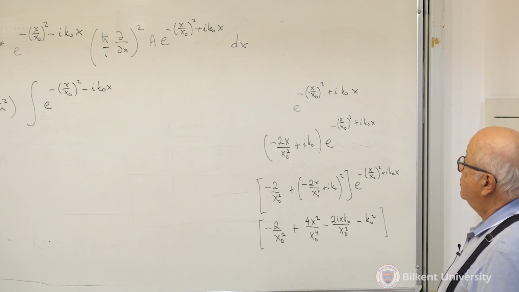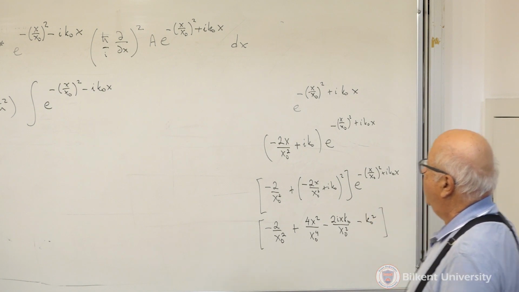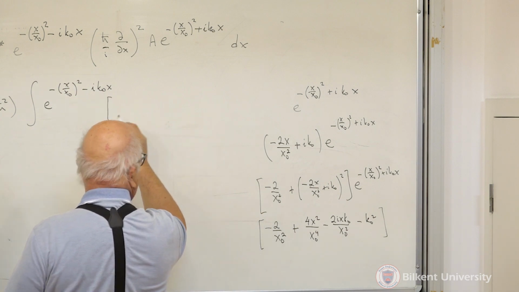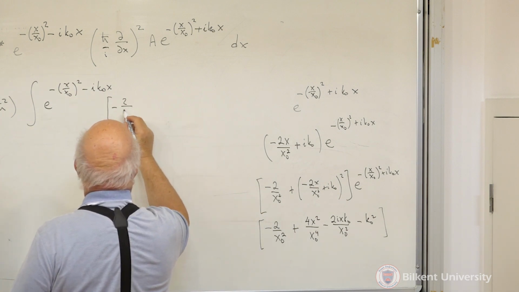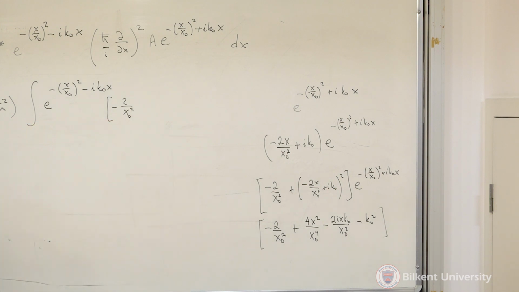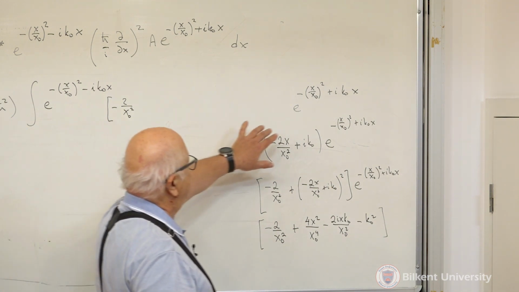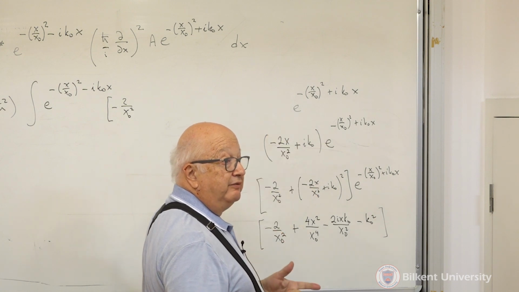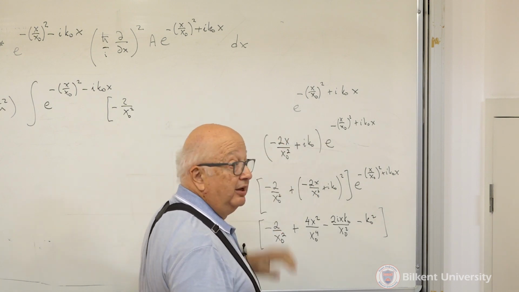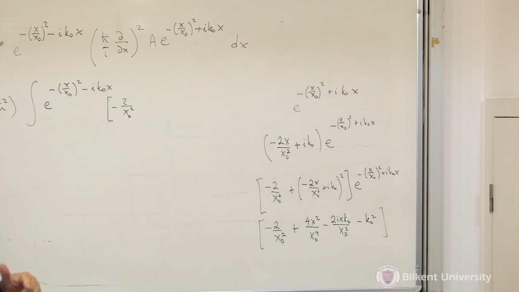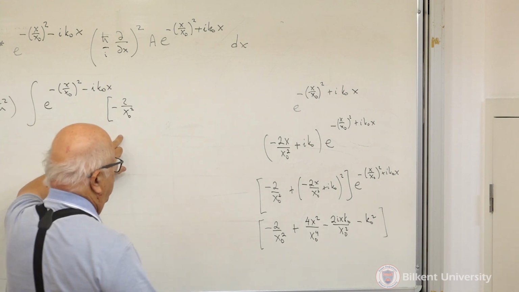All right, so that bracket now goes over here. So let me put that down. Minus 2 over x0 squared. As I do this, I can just check the units. The exponential by itself is unitless. So I'm evaluating a second derivative, which means everything should be in units of 1 over distance squared, right? So that is okay.